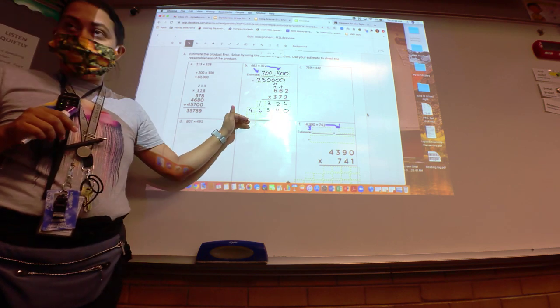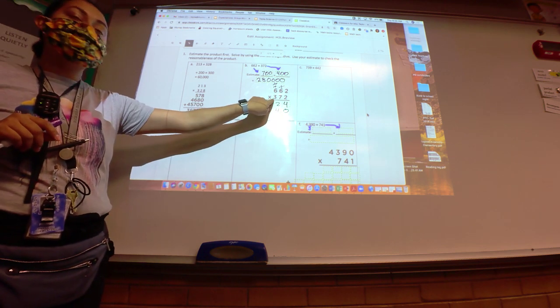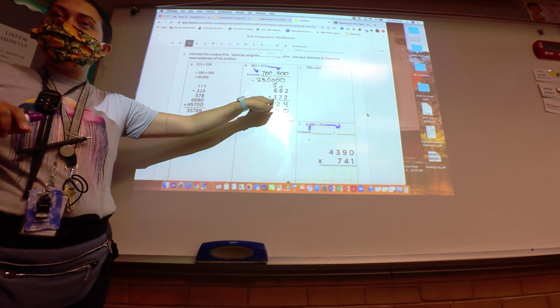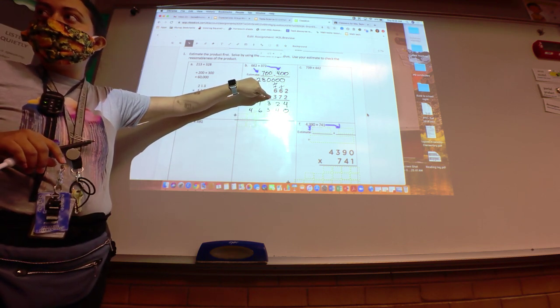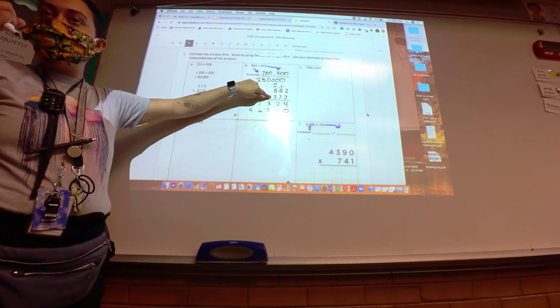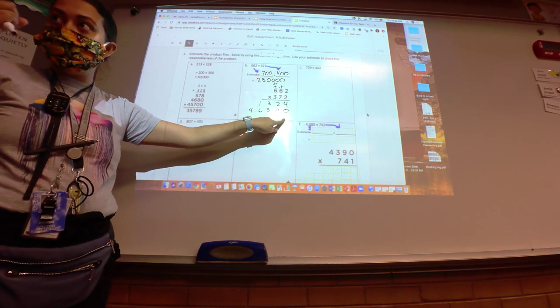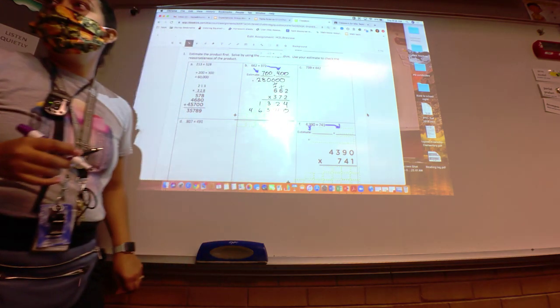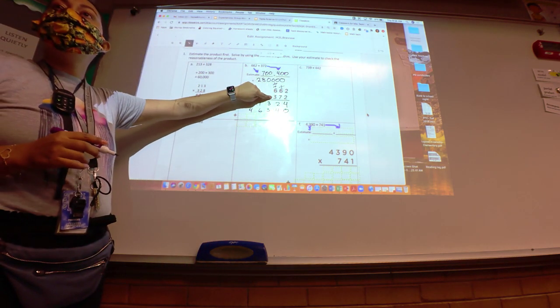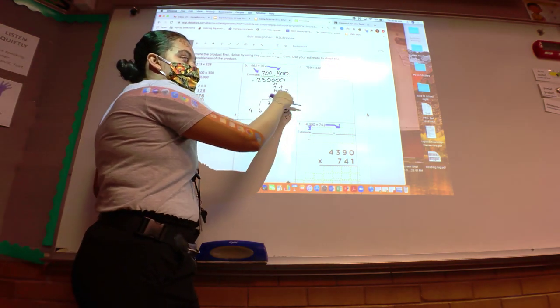Now we're on our third partial product. So now we have 3 in the 100 place to multiply by. So how many powers of 10 are in 300? 2 powers of 10. So we're going to first plug in 2 powers of 10. So 0, 0. So then we can just multiply 3 times each digit on the top.